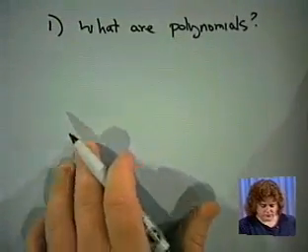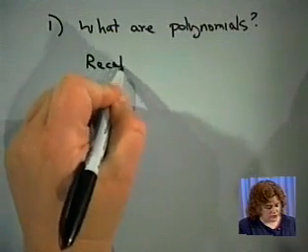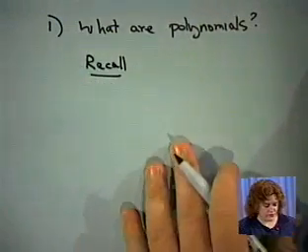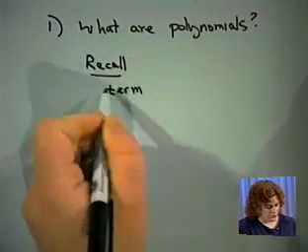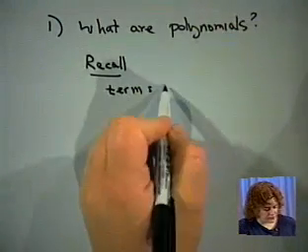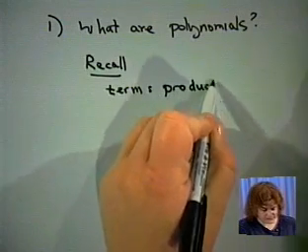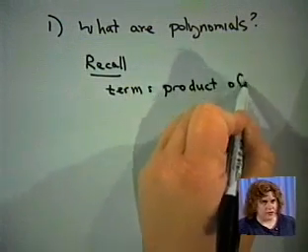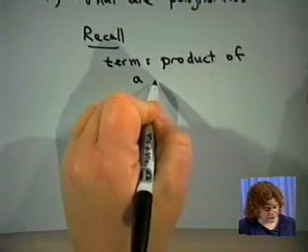And I want to start by reviewing some definitions from earlier in the course. A term, or terms, are simply products. So a term is a product of a number and a variable, or variables.